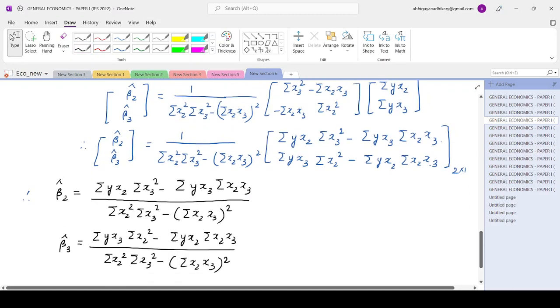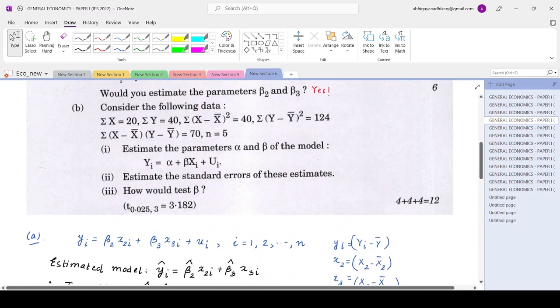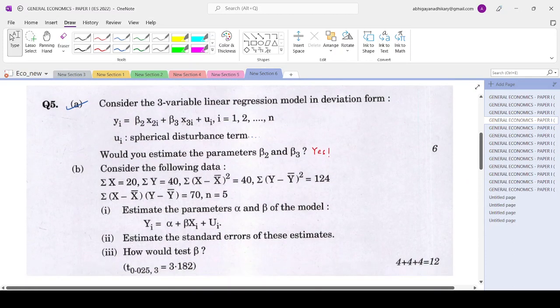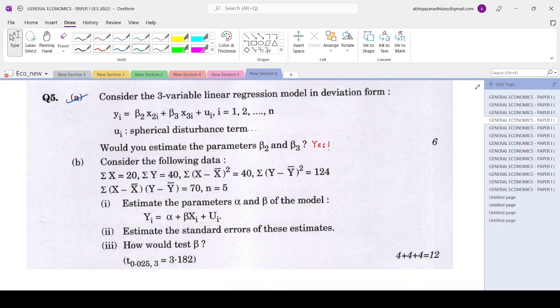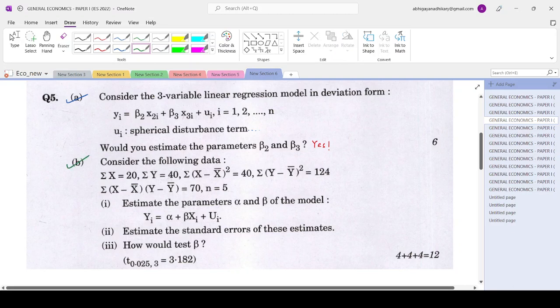Okay, so now moving on to part B of question 5. Let's have a look at the question first. We consider the following data. Summation x is 20, summation y is 40, summation xi minus x bar whole square is 40, summation yi minus y bar whole square is 124, summation xi minus x bar into yi minus y bar is 70, and n equals 5.